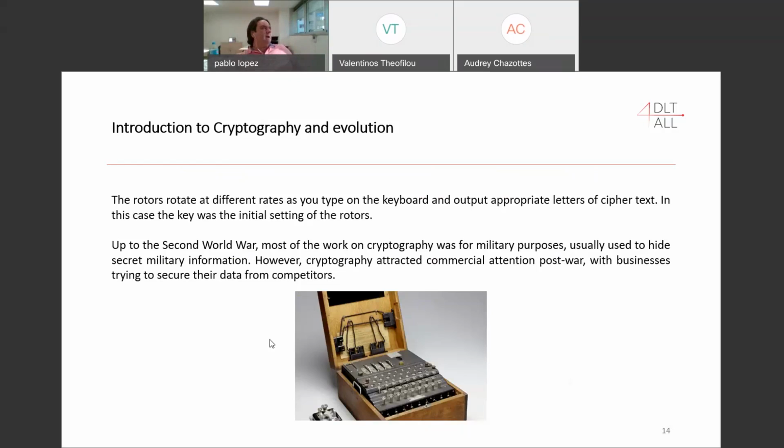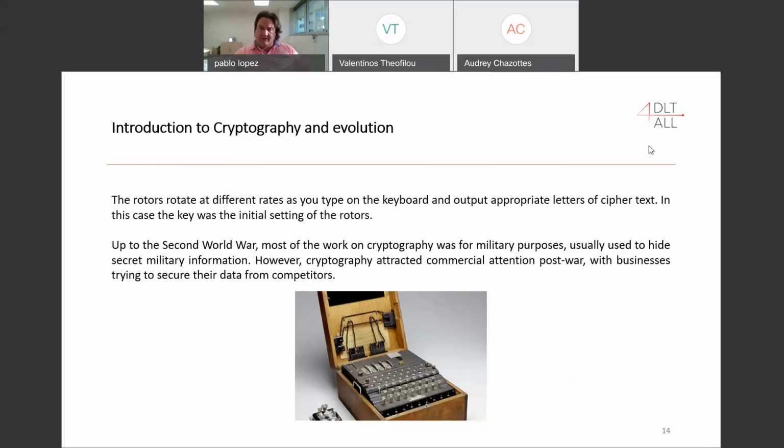And this is a key point: when companies, when industry, when business see that a technology can give value to the company, they invest in developing it. And that is what happened with these machines, with cryptography.